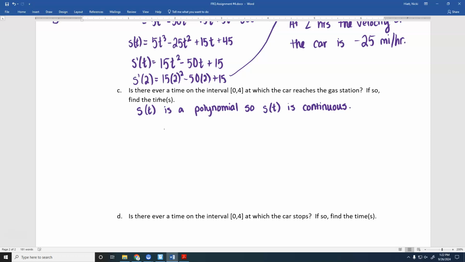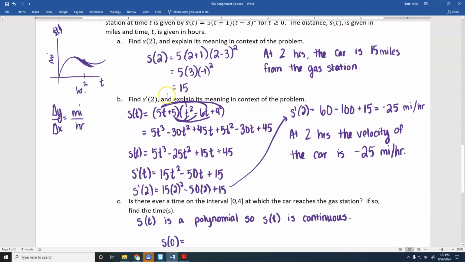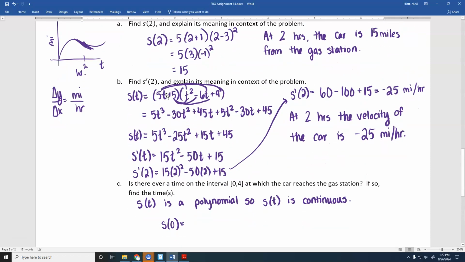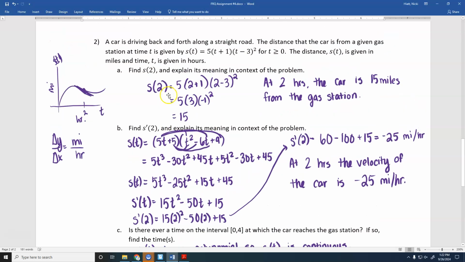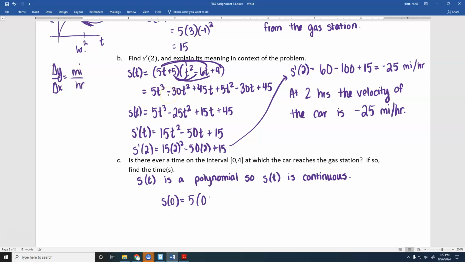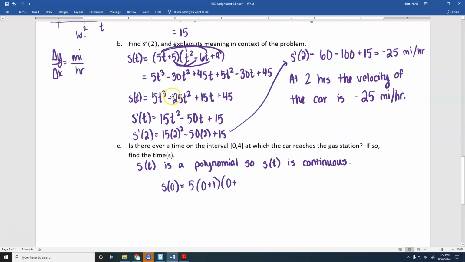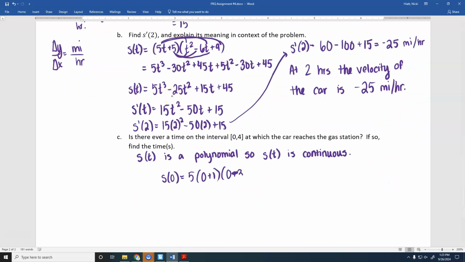Then I want to find S of 0, which is going to be 5 times 0 plus 1 times 0 minus 3, which is going to be 5 times 1 times negative 3, that will be negative 15.